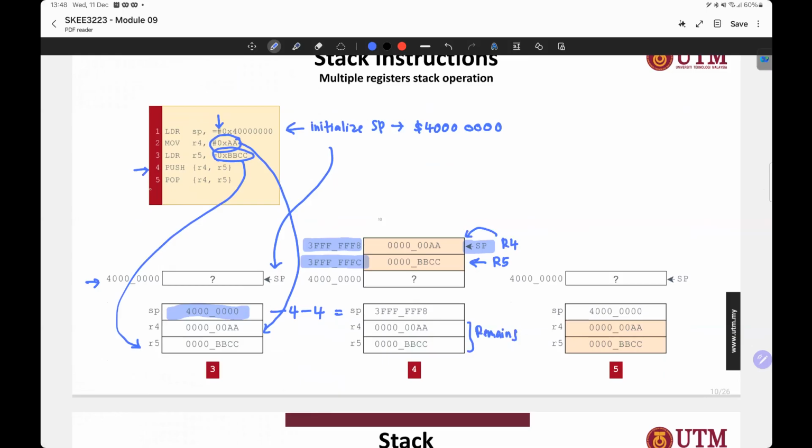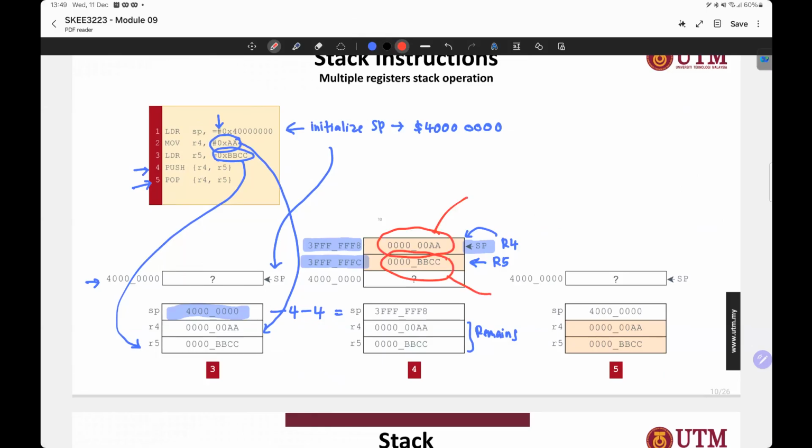Then we look at the fifth instruction, POP R4, R5. What happened when you pop? First, we take all the data from the stack memory and put it into the register list. Now you have two registers, R4 and R5, so you need to take two 32-bit data. This is the first 32-bit, and this is the second.